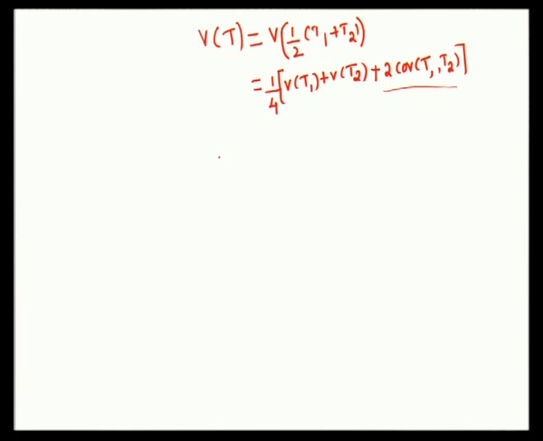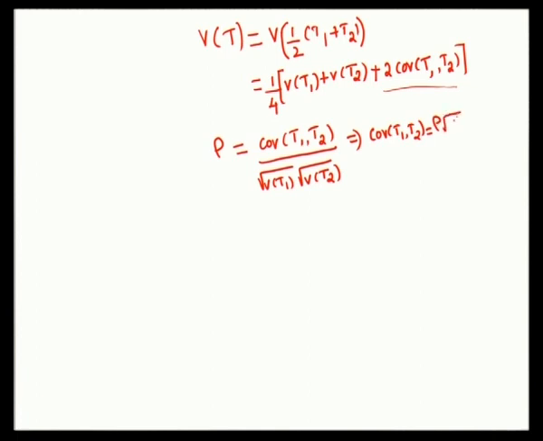And you are familiar with the definition of the correlation coefficient denoted as rho, which is nothing but the covariance between estimators T1 and T2 divided by the standard deviation of T1 into the standard deviation of T2. So, this implies covariance between T1, T2 is nothing but rho into square root of variance of T1 into square root of variance of T2.